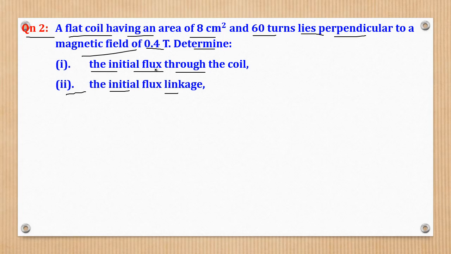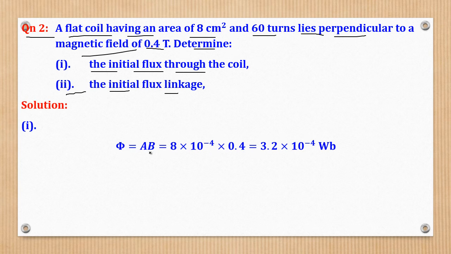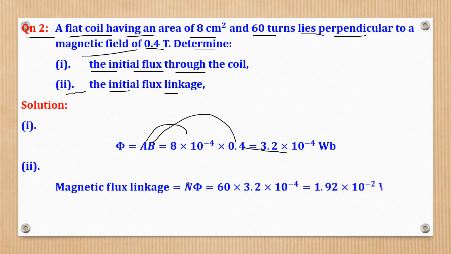Flux means 1 turn and flux linkage means all the turns of the coil. So initial flux will just be AB, area times flux density. Then initial flux linkage will now be N times flux, which is this times this flux to give you this flux linkage.